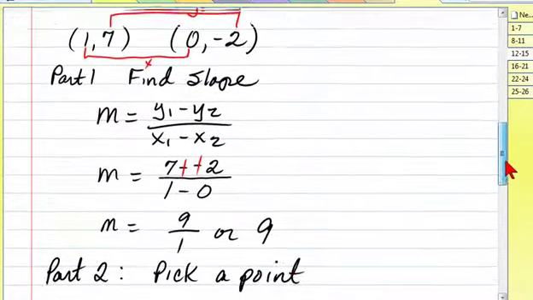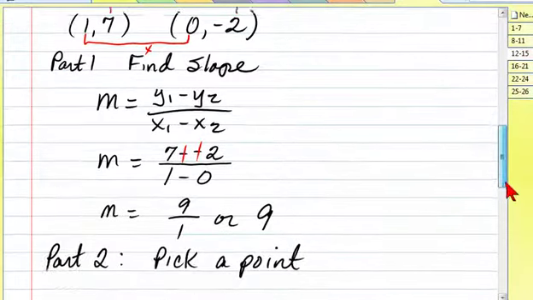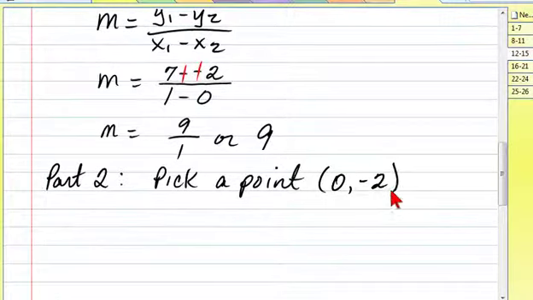So we'll go back up. Which of those 2 points would you like me to pick? 0, negative 2. Okay, the choice was 0, negative 2. Okay, who said that? Okay, what about the 0?